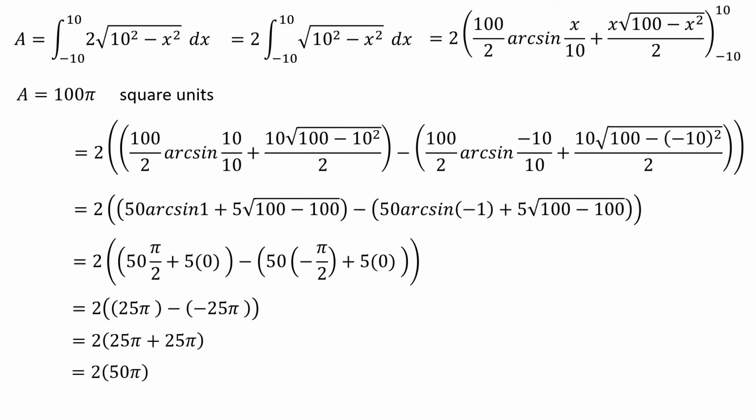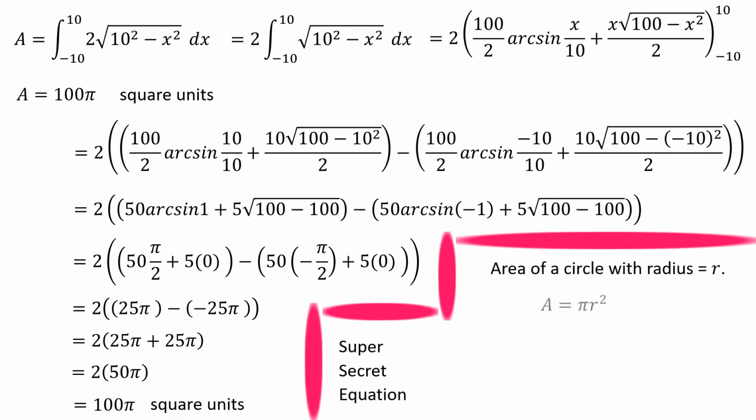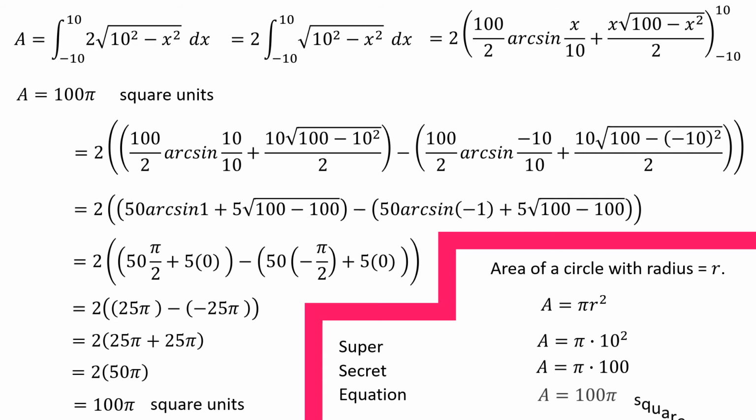That adds up to 50 pi. Oh, but there's that 2, that coefficient. And sure enough, I end up with 100 pi square units without having to do the trig substitution because I knew what the answer should look like.